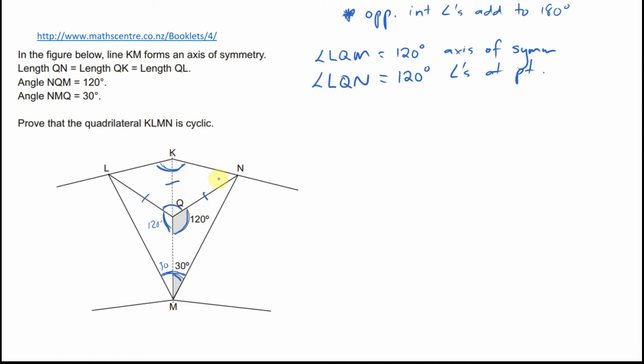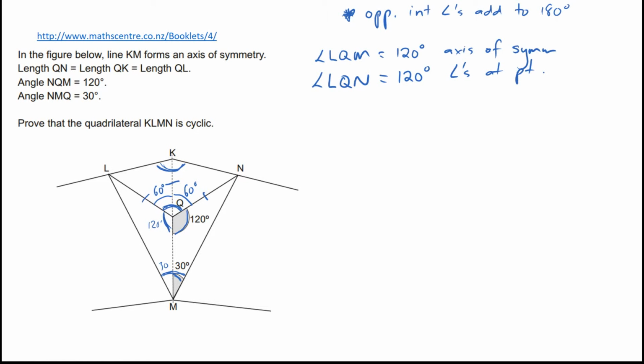We're going to use the virtue of these isosceles triangles here now, as well as this axis of symmetry. So this angle here is 120 degrees, which means each of these individual angles are 60, by virtue of that axis of symmetry.